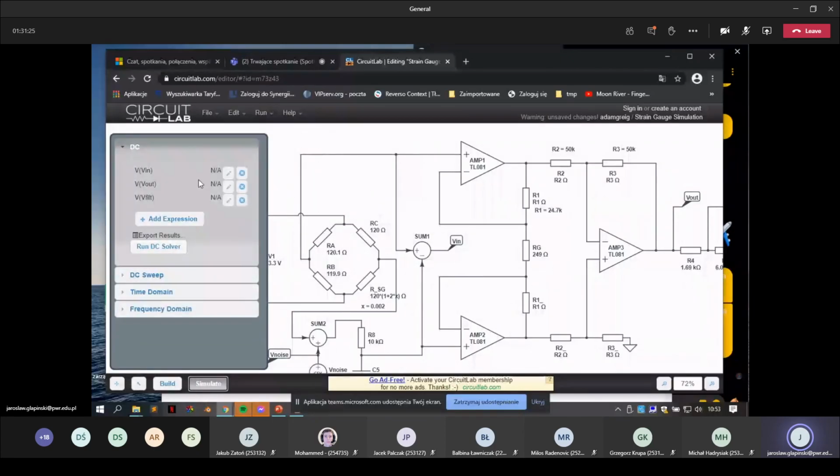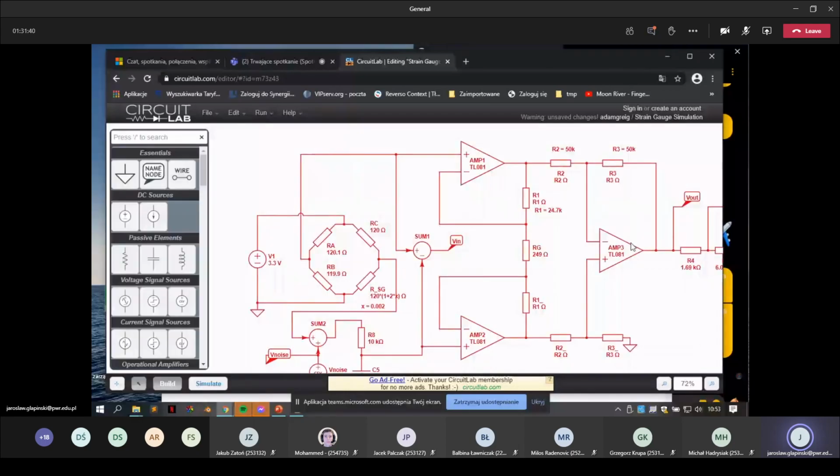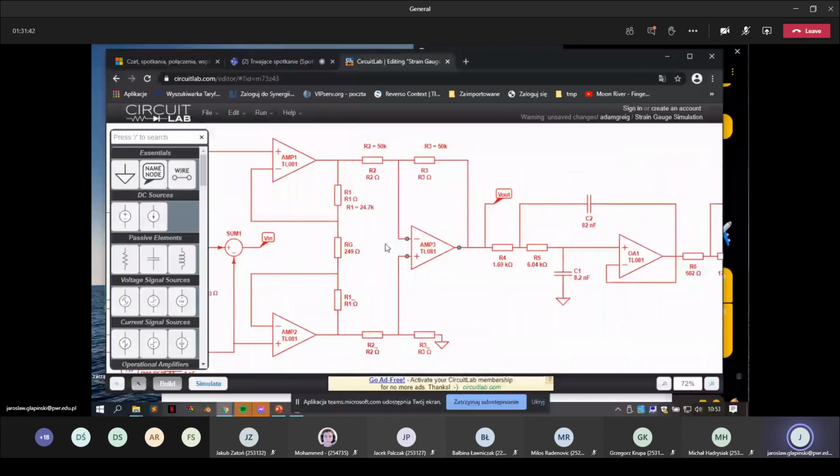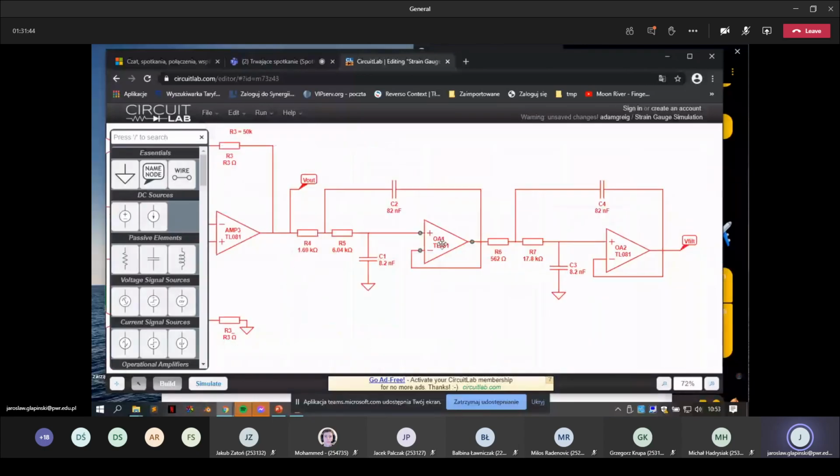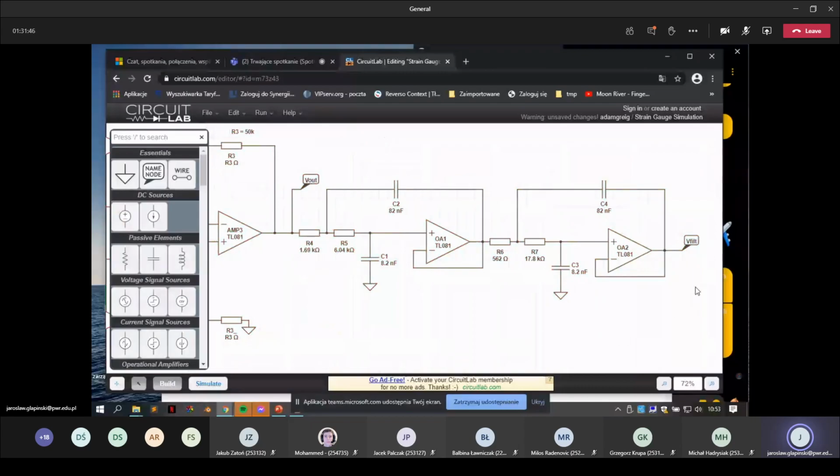Okay, so we will see the V in, V out, and the output, because the last part of this circuit is the two-step filter. This is the active filter, two active filters here too, because we've got some noises, so we can filter them.